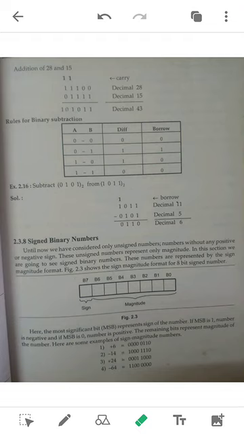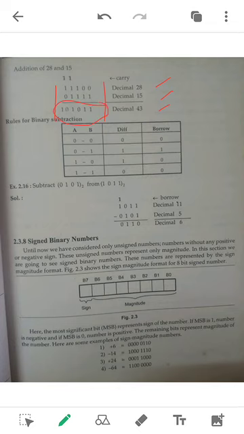You should get the decimal 43. The binary form of 28 is 11100, and the binary of 15 is 01111. Here you have to add them. After the addition of these two, you get 101011.